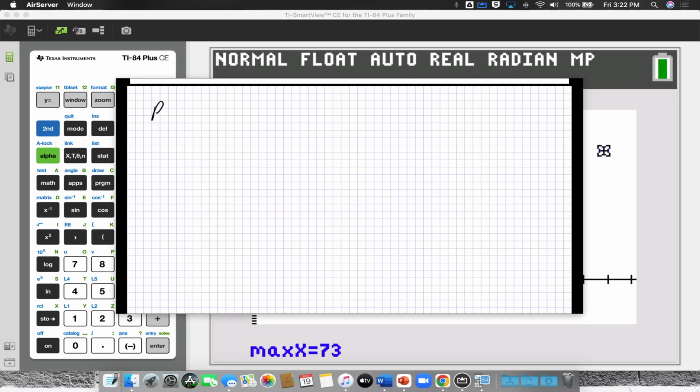So they're going to call something a parallel box plot. What is that? It's nothing new. It's just two box plots, or more, using the same number line.